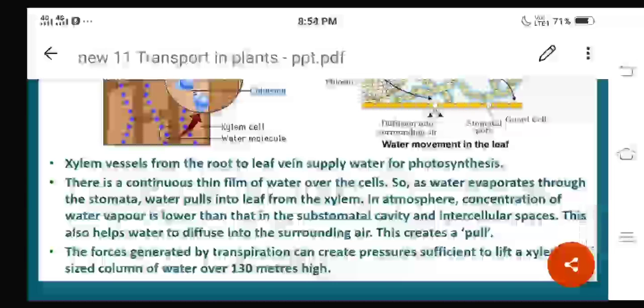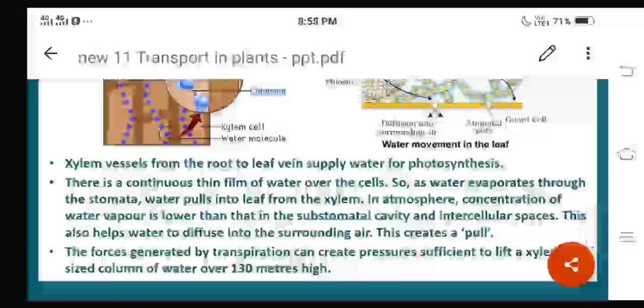It can create pressures sufficient to lift a xylem-sized column of water over 130 meters high, right? Because of this transpiration pull, the water will move up to 130 meters high in the plants. Like this the water movement occurs in the plant, right?